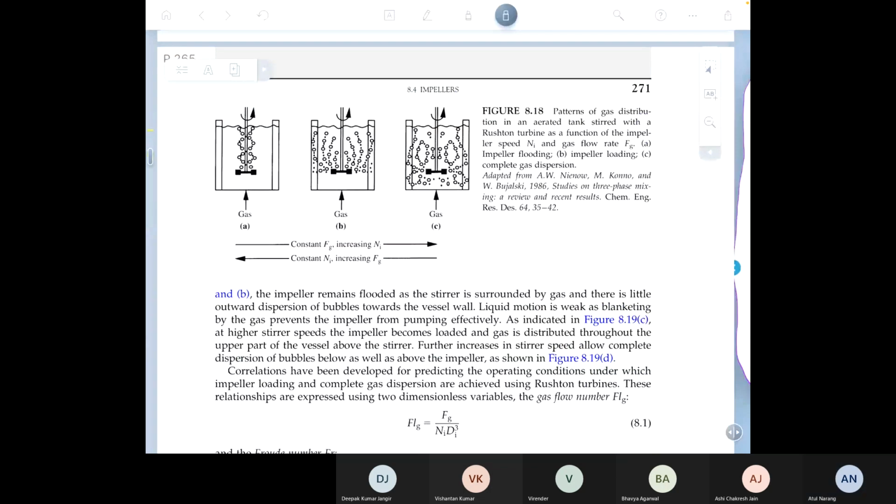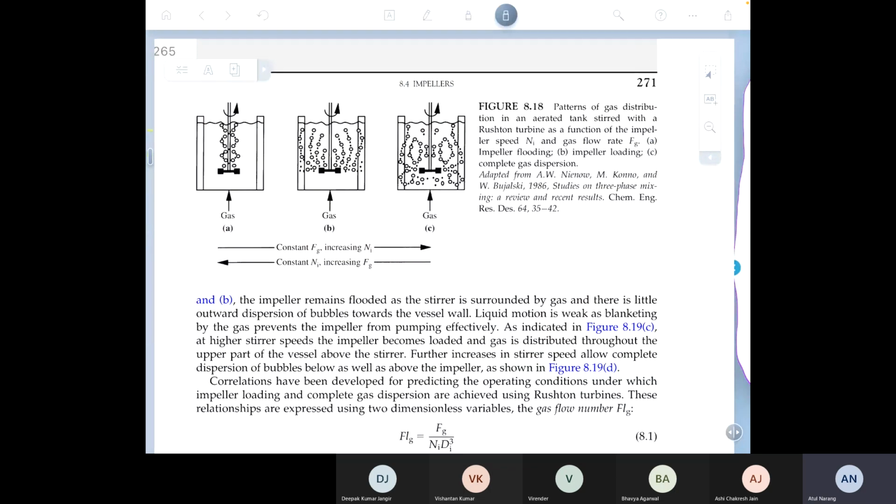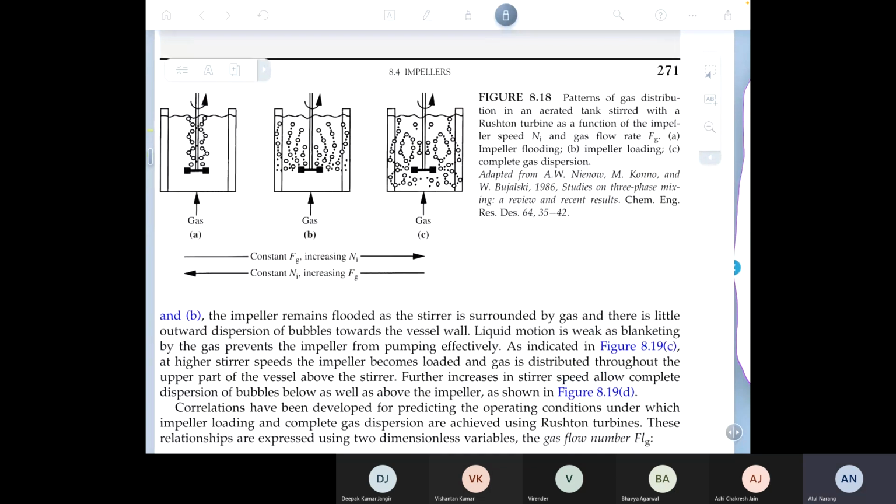Okay. So first I'm just giving you the physical picture, and then we will get some mathematical equations to tell us exactly how to operate.